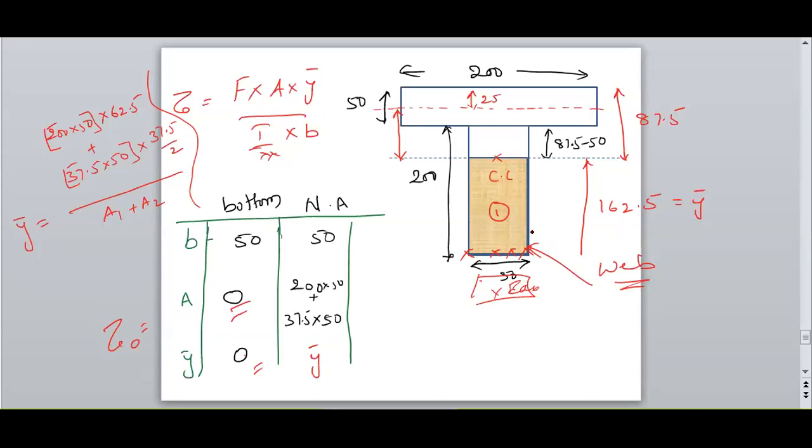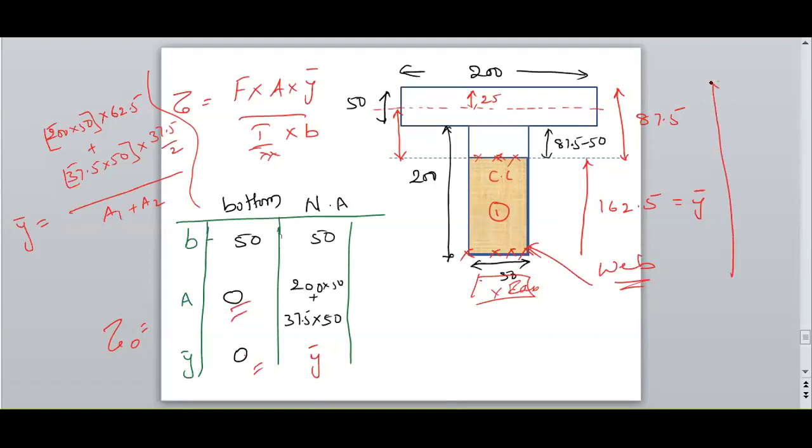Next, I need to move to the neutral axis. It is an already known value. We have found the value, and the same value needs to be applied here. Therefore, using these values, I need to draw the stress distribution curve.